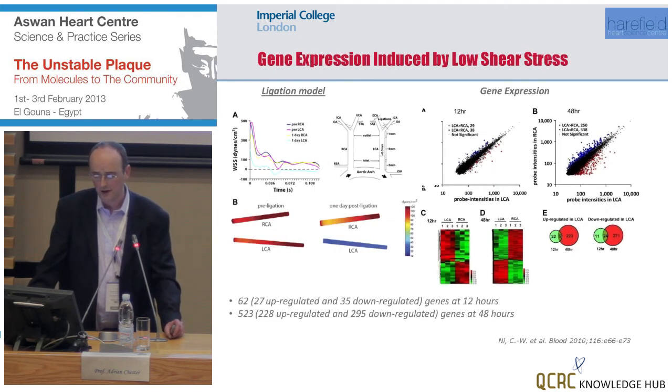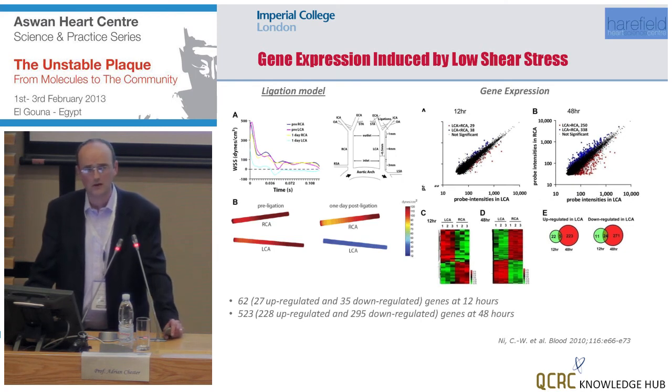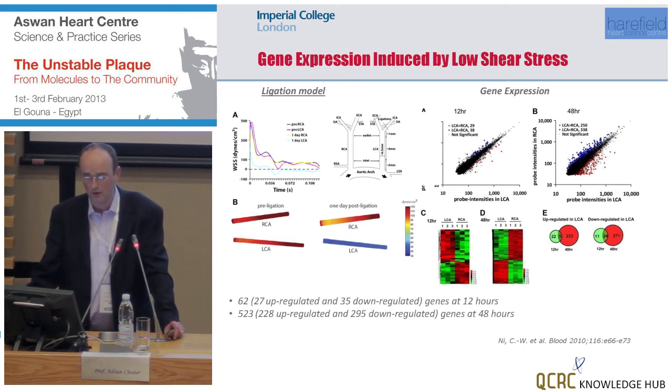So I've just chosen a couple of experimental examples of how some of these phenomena can be studied. In this ligation model, whereby in the two carotid arteries, the left carotid is ligated and the right carotid artery is left untouched, this colour map shows the level of shear stress pre-ligation and post-ligation.